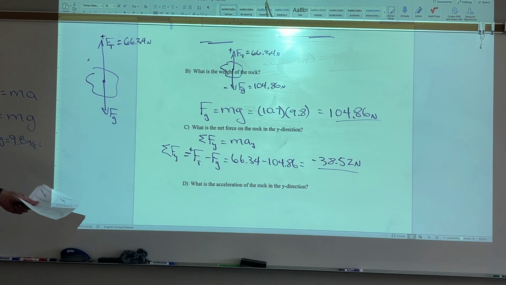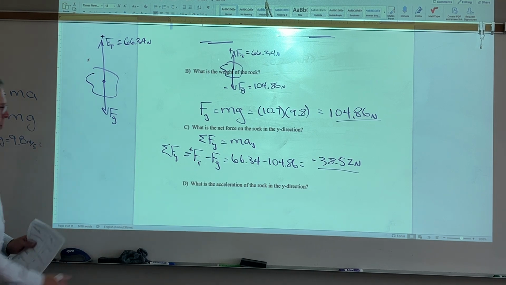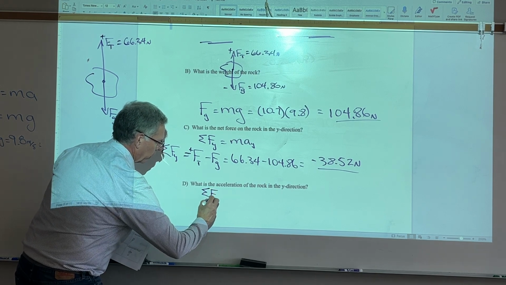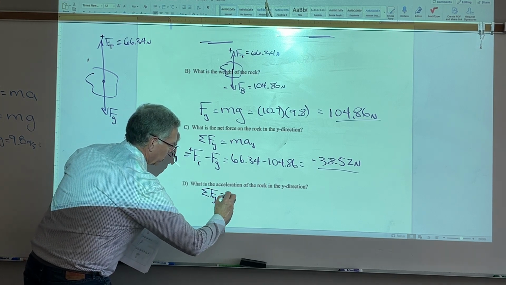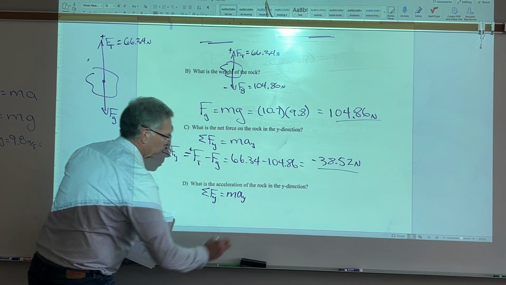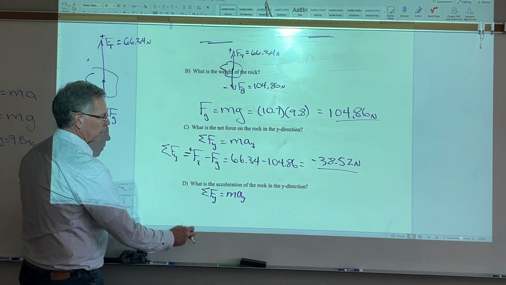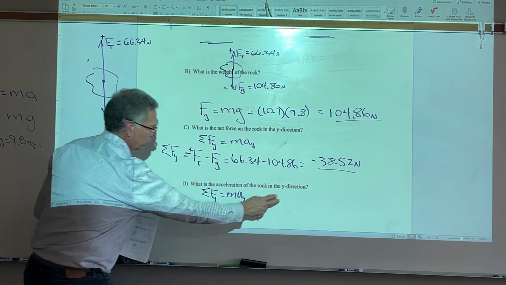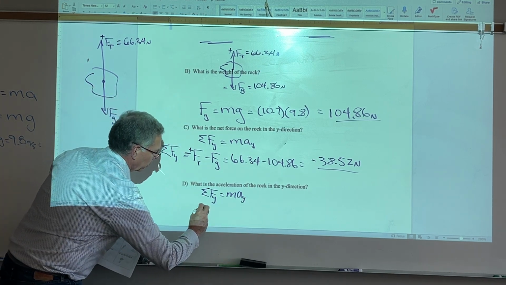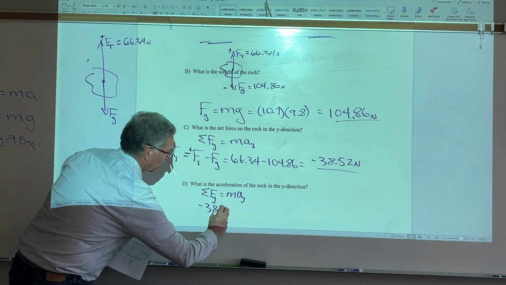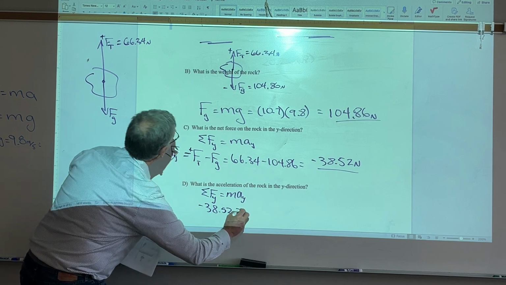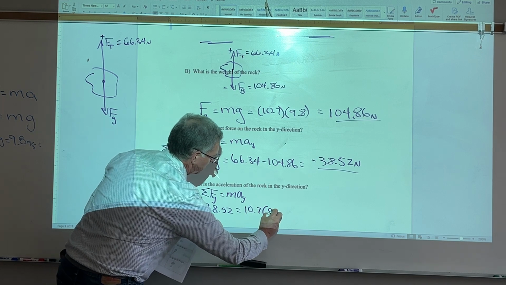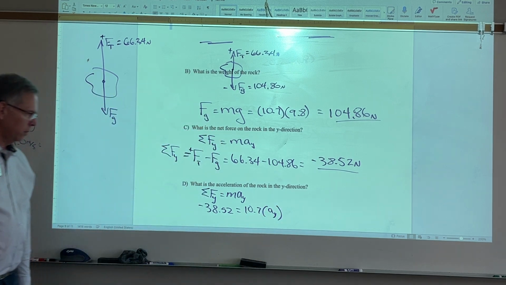All right, and then part D, what's the acceleration? Using the second law equation, net force equals mass times acceleration. Since it's moving up and down, I'm labeling it Y because it's all in the Y direction. So we have negative 38.52 equals 10.7 times acceleration.